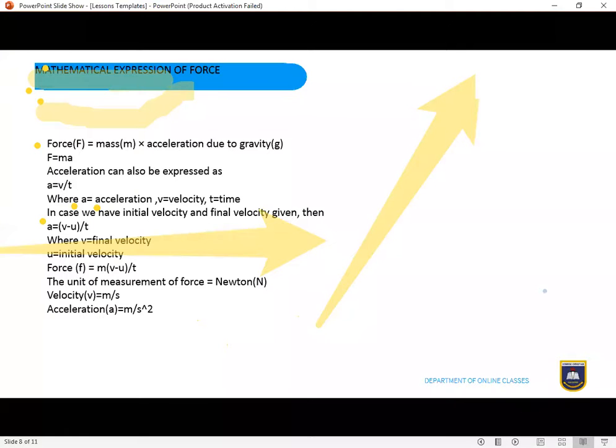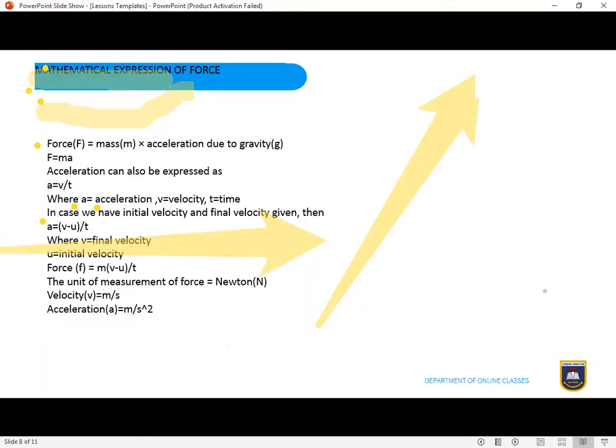But in some cases, you'll be given two velocities: an initial velocity and a final velocity. If they say something is initial, that means it's the starting point. So initial velocity simply means starting velocity.